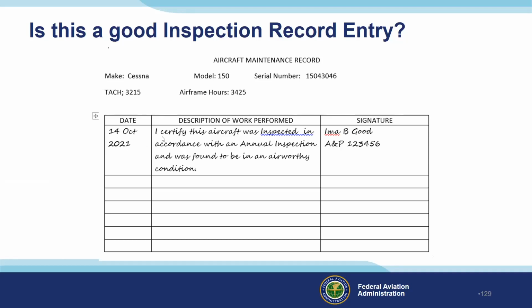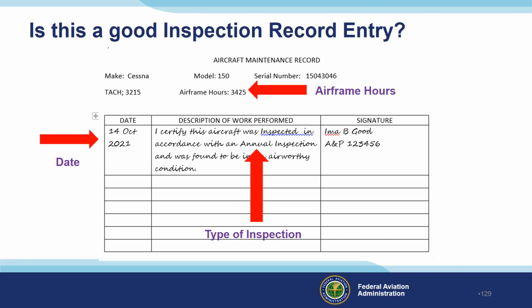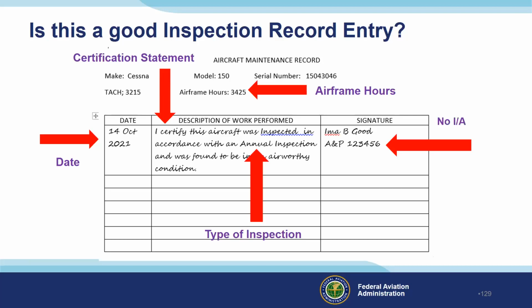So is this a good inspection record entry? Let's take a look. Got the type of inspection. It's an annual. Got the date. Got the airframe. This should be total time in service. There's the certification statement. I certify. And it says it was found to be in airworthy condition.